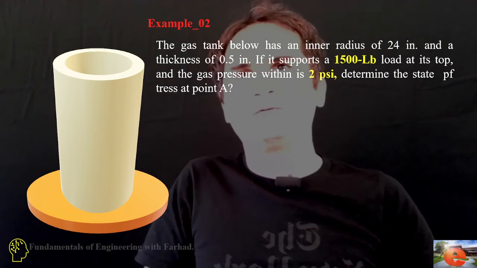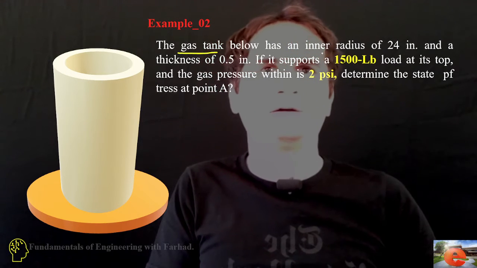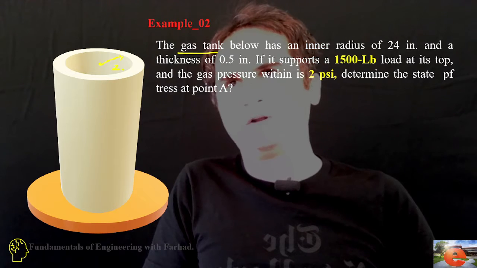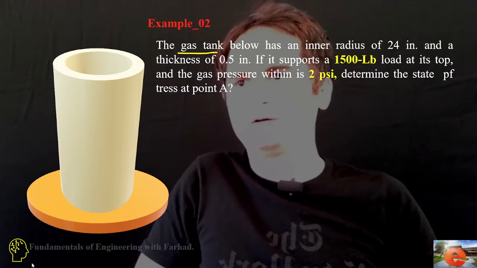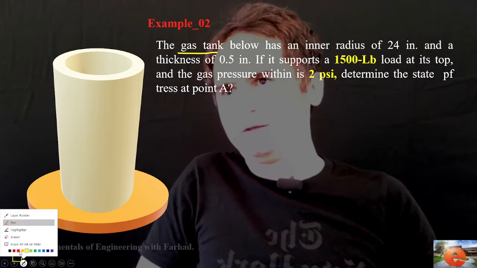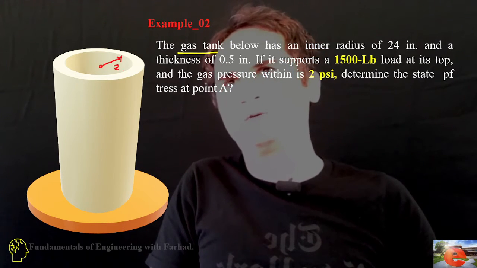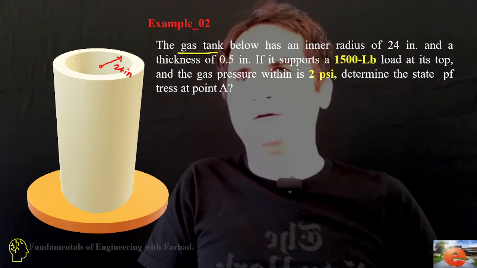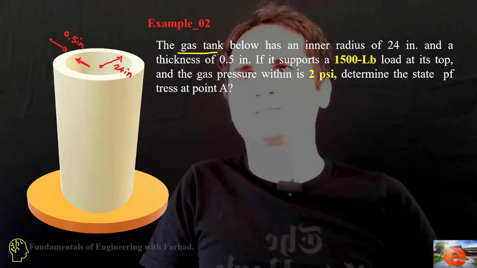In this example, we have a gas tank with an inner radius of 24 inches and a thickness of 0.5 inches.